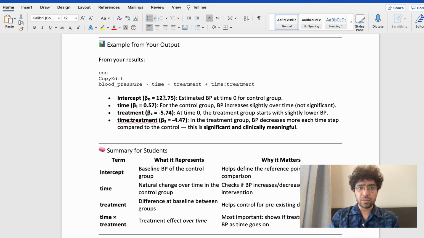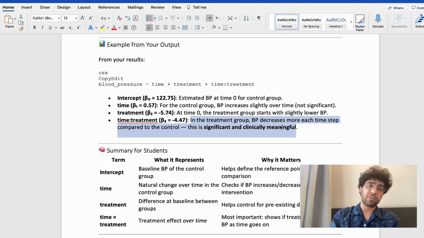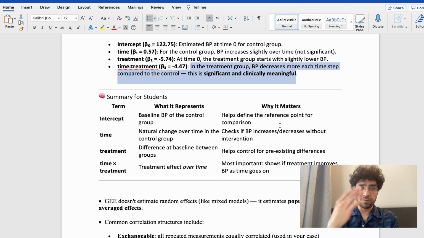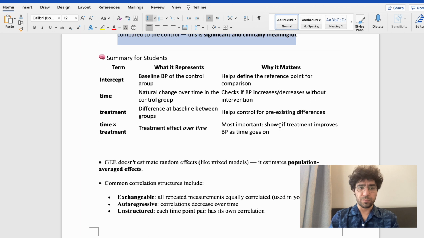From the results, the beta 0 is this much, the time coefficient, the treatment coefficient, and the interaction coefficient are this much, and these are the interpretations. If you still have some questions about how to interpret, please stop here and read this table once again and repeat it for yourself, so you will completely understand how to interpret this.